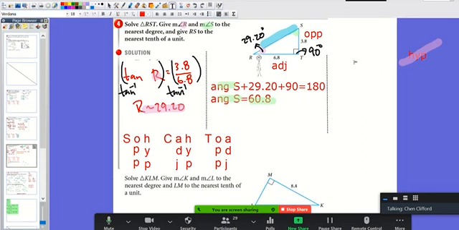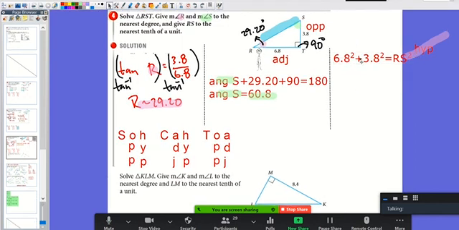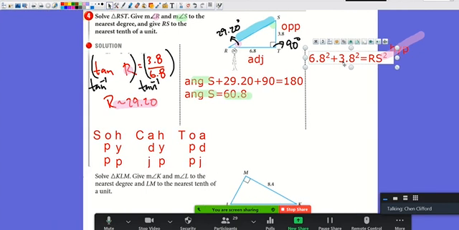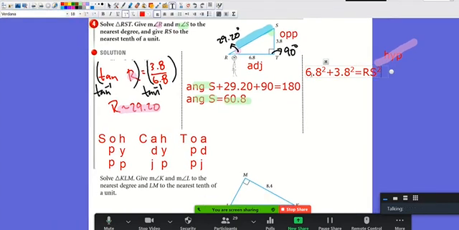Okay, 6.8 squared plus 3.8 squared equals RS squared. Okay, and just solve backwards for RS. Okay, you can use Pythagorean theorem. Okay. Or you can use trig, just like we did.